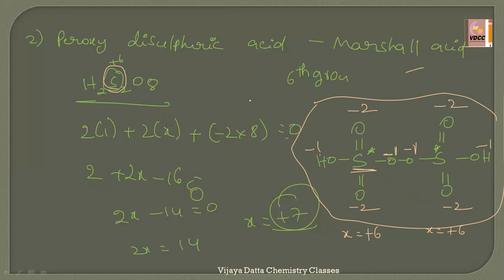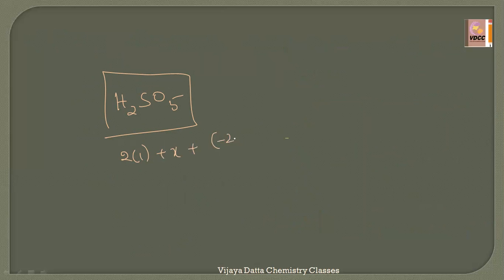And if you have any doubt, suppose you don't know how many peroxide and oxide linkages are there, like in H2SO5, when calculating, what do you get? 2 into 1 plus x plus -2 into 5 equals 0. Then 2 plus x minus 10 equals 0.